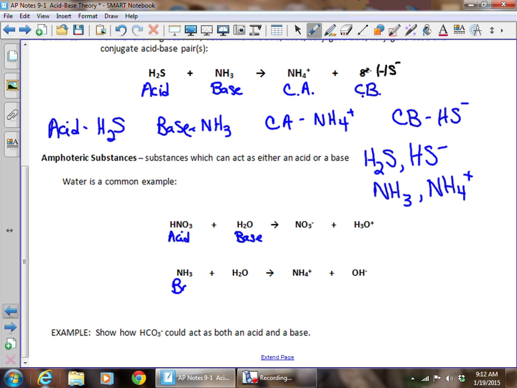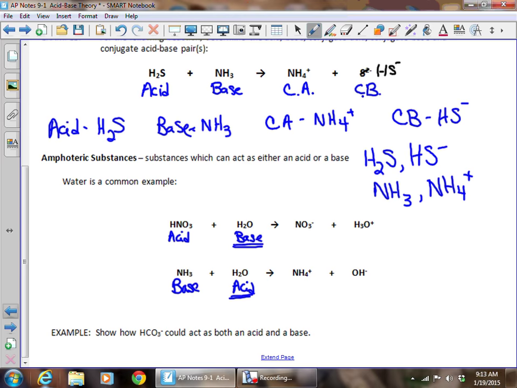In the second reaction, NH3 is a base, so water is acting like an acid. So it is a dirty, nasty hydrogen stealer in the base case, and it donates a proton or a hydrogen in the acidic situation. So it can act either way.